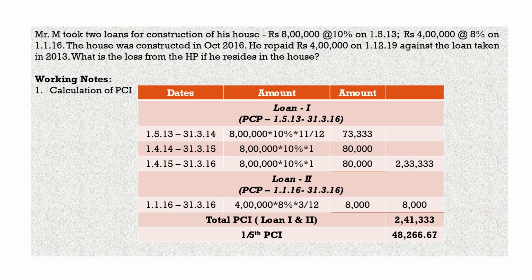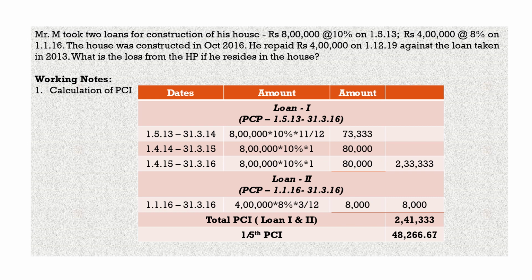This PCP runs to 2 years and 11 months on 8 lakhs at 10%, which sums up to 2,33,333. For loan 2, the PCP will be 1/1/16 to 31/3/16, which is only 3 months. So 4 lakhs at 8% for 3 months is 8,000.